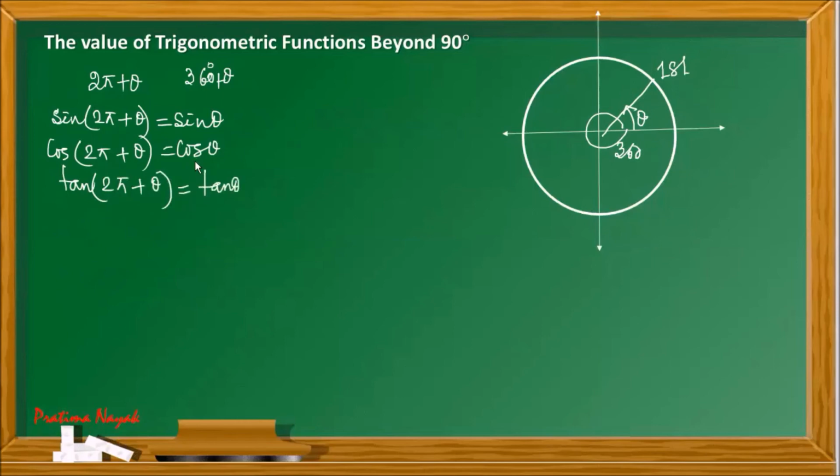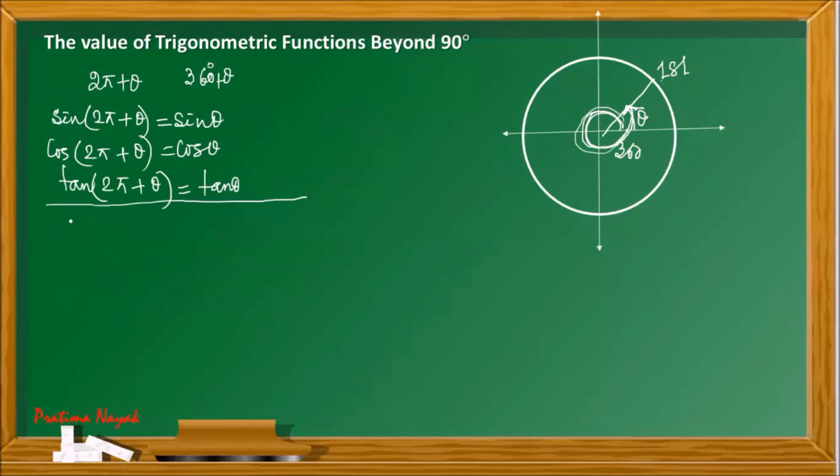Now here I am writing another very important concept. When I complete 2 pi, meaning 360 degree plus theta, theta is acute angle, I am reaching the first quadrant. If I complete a second rotation, then plus theta, I am in the first. Then third rotation plus theta, I am in the first.